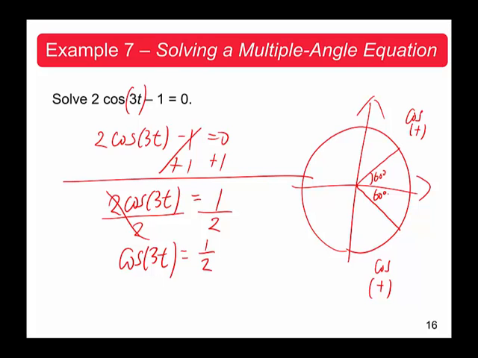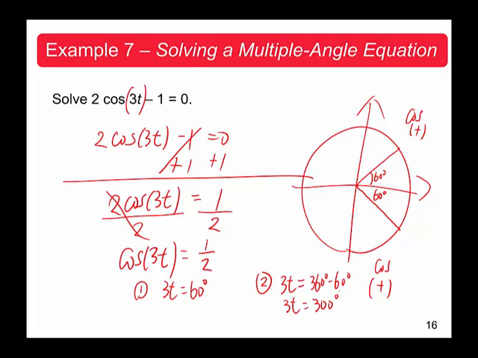First solution is 3t equals 60 degrees, right? Second solution is 3t equals 360 minus 60, which is 300 degrees. So 3t equals 300 degrees.